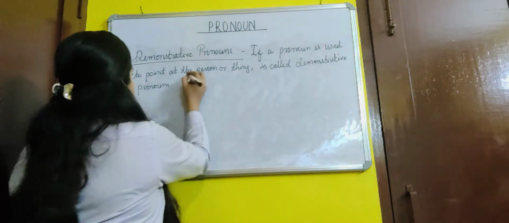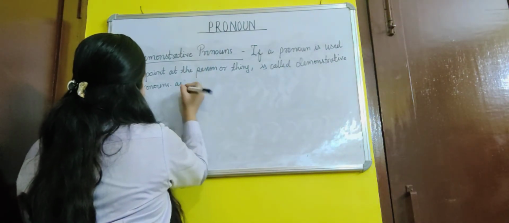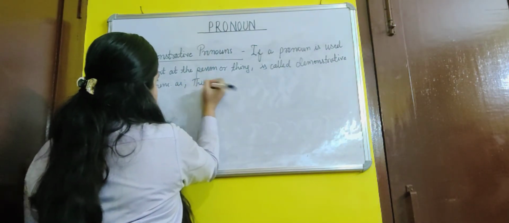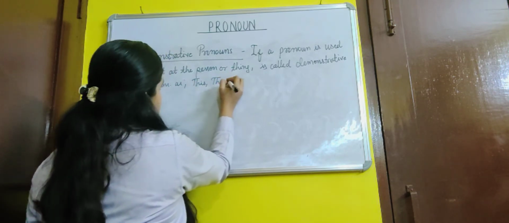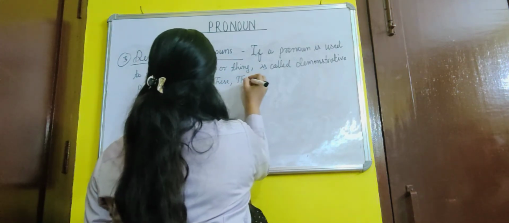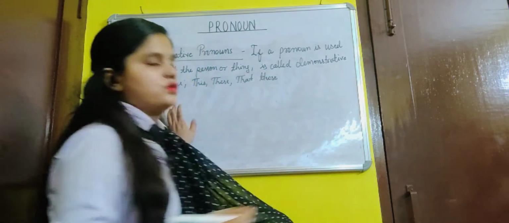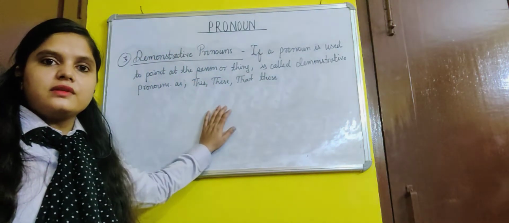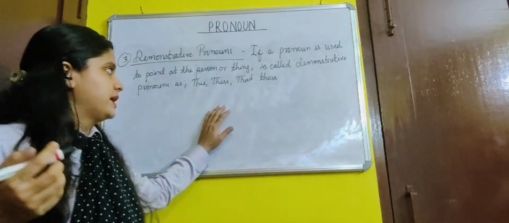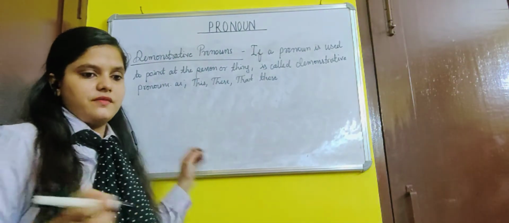Okay? As this, these, that, those. Okay? Such words are demonstrative pronouns. These are the examples of demonstrative pronouns.